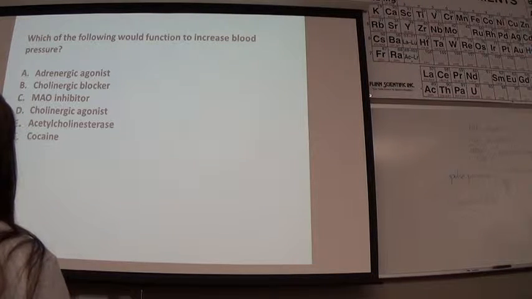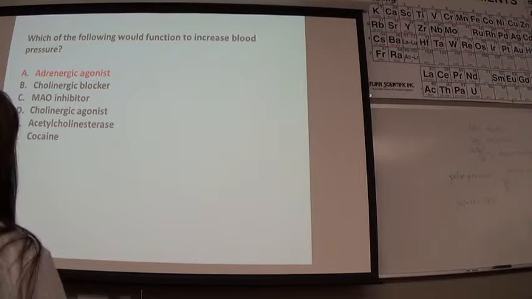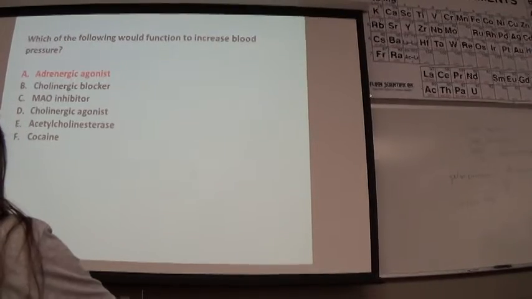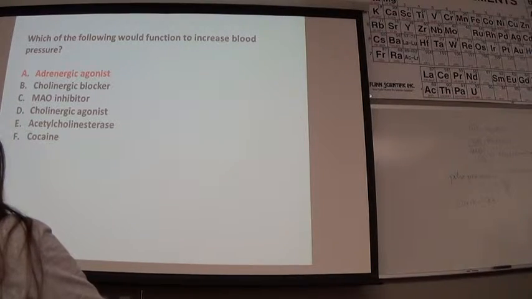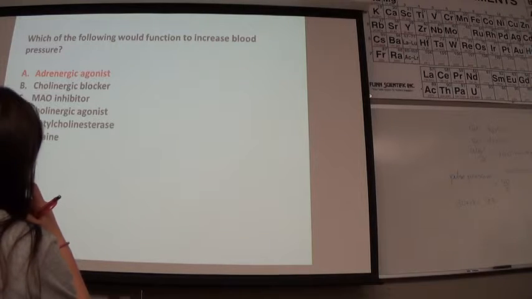So it's going to increase heart rate. If it binds to the ventricles, it's going to increase contractile force. What about blood vessels? If it binds to alpha receptors, it will cause them to constrict. So remember, we're looking at both aspects.